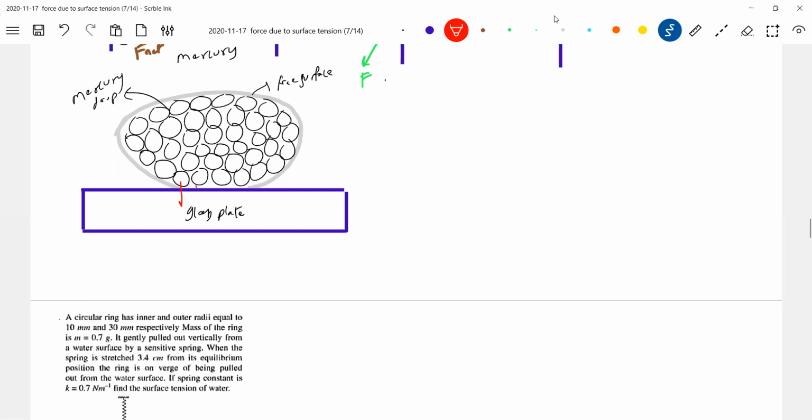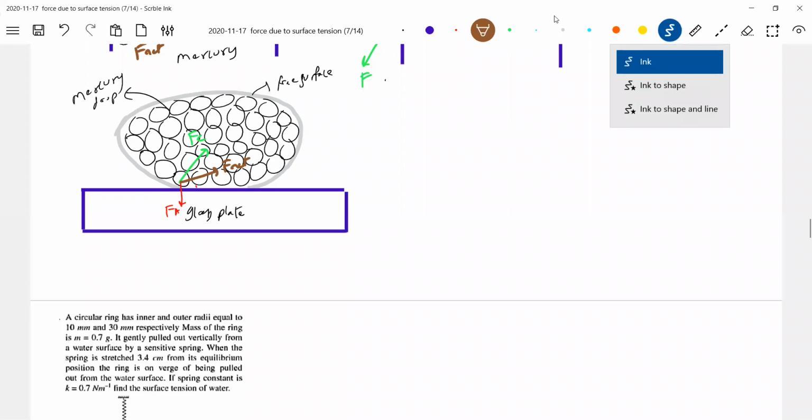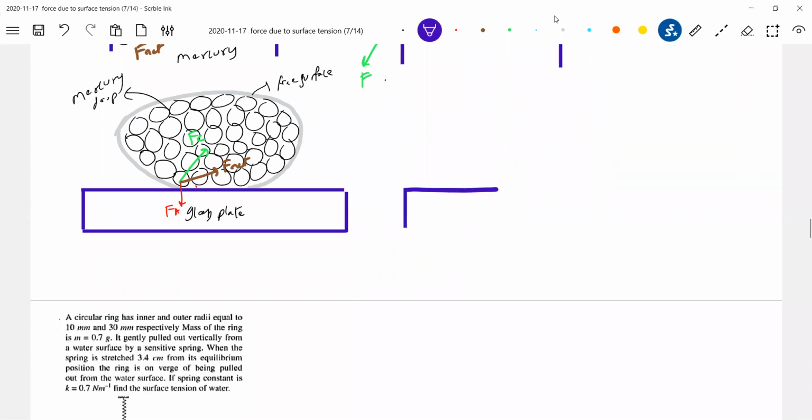This will be, say, an adhesive force with this one, and the resultant cohesive force will act somewhere like this, and the resultant force will act in this direction. Then we'll show the angle of contact clearly here.